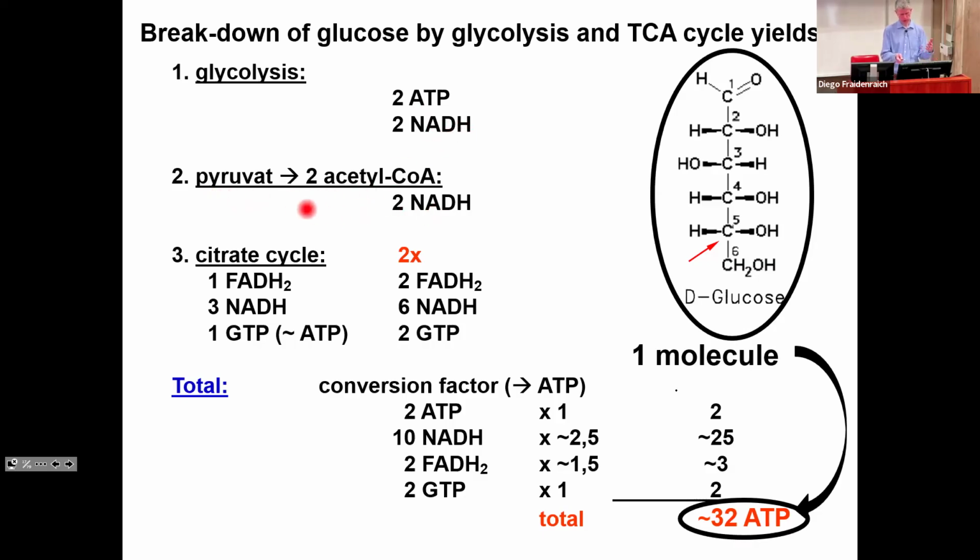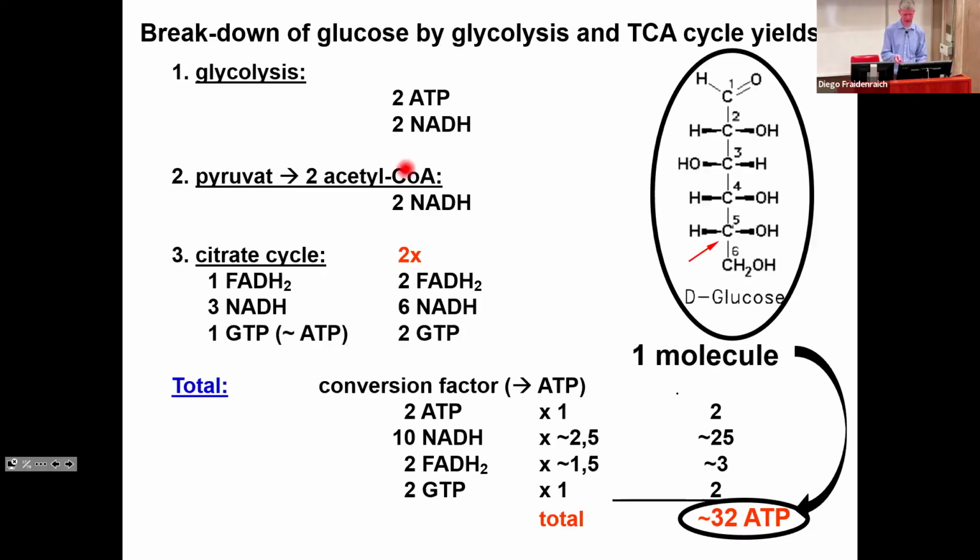Then you would go from pyruvate to acetyl coenzyme A. That's what's incorporated in the citric acid cycle. And now everything goes times 2, because one glucose will generate two pyruvates.